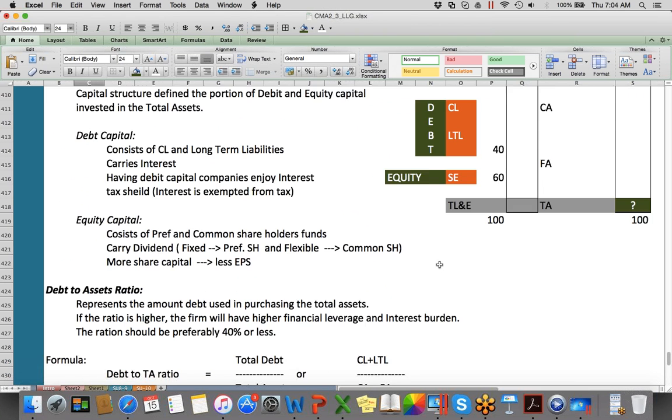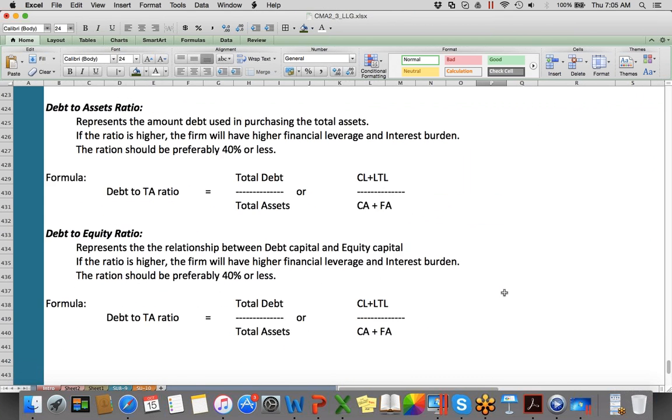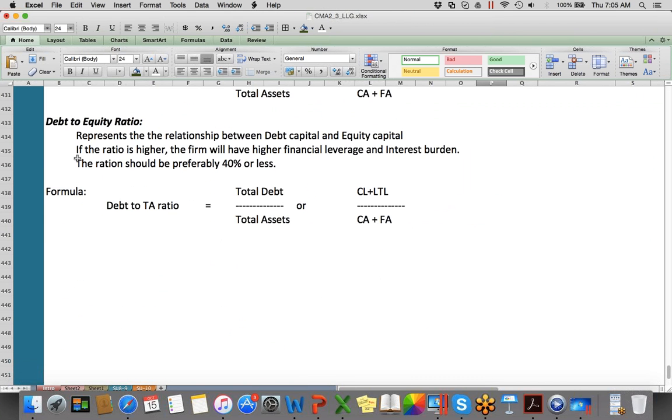Debt capital and equity capital means, from this 100, what is the portion of debt and what is the portion of equity. So you will have the ratio between 40 and 60 in this ratio. If the ratio is higher, again the firm will have higher financial leverage and interest burden as well.